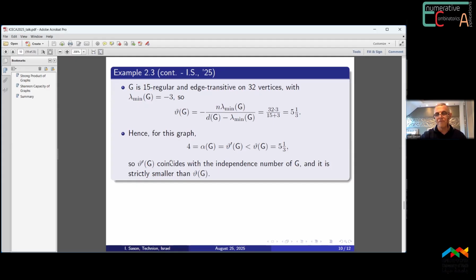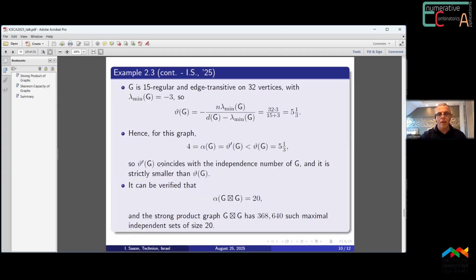If it is above 4, then this is an explicit example where the Schrijver's theta function does not form an upper bound on the Shannon capacity. And it can be verified, and in the paper we show such an independent set, that the independence number of G strong product with G, so this is the twofold strong power of G, is equal to 20.